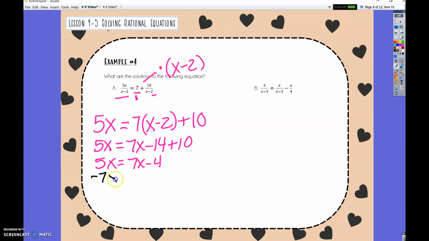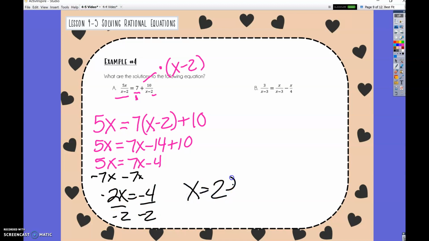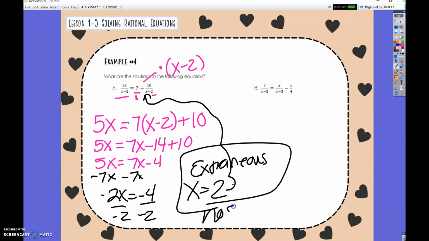So if I subtract 7x from both sides, I get negative 2x equals negative 4. And dividing by negative 2 means x equals a positive 2. But oh no, we try to plug it into our original denominator. It's extraneous. So we would say there's actually no solution because that solution we did find doesn't work in the original domain.